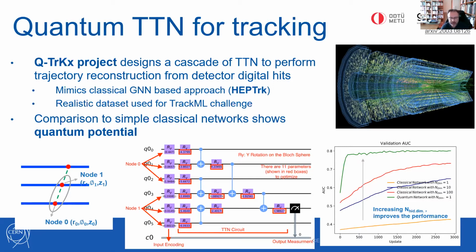There are 3 cases, red, blue, and yellow, of classical solution to a simple problem of node identification, with increasing level of hidden layers, 1, 10, and 100. And the green one, the top one, is the quantum tensor network implementation with a single layer.